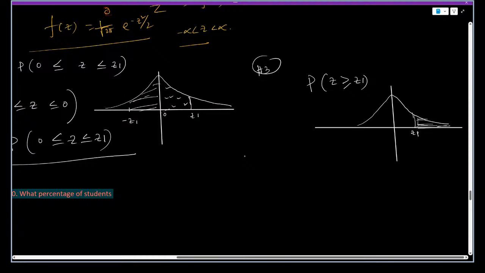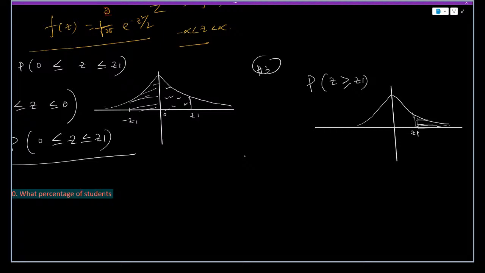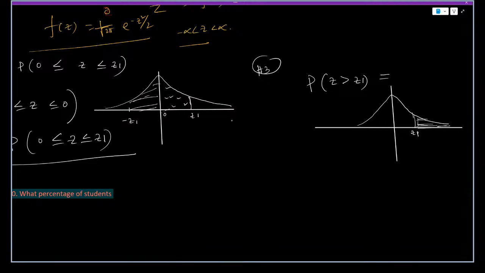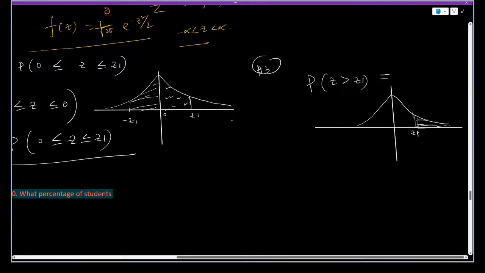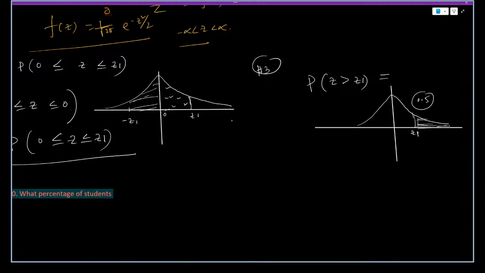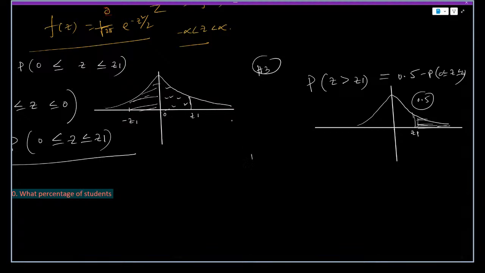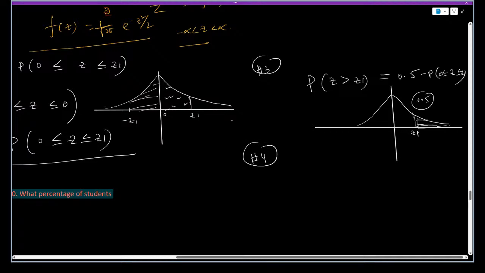So P(Z > Z1) equals, on the right side, the total probability 0.5, from which we subtract the probability from 0 to Z1. So 0.5 minus P(0 ≤ Z ≤ Z1). Clear? I hope you understand all these things.